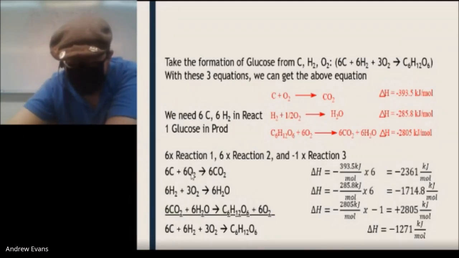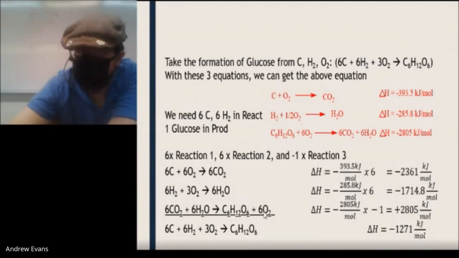What we have here, 6 oxygens over here cancel with 6 oxygens over there, leaving only 3 oxygens. That's going to carry down. 6 carbons, 6 hydrogens, those are going to carry down. 6 CO2s over here cancel with 6 CO2s over there.